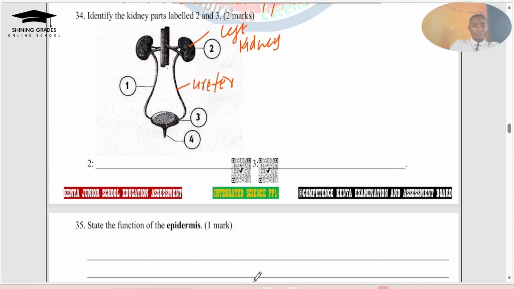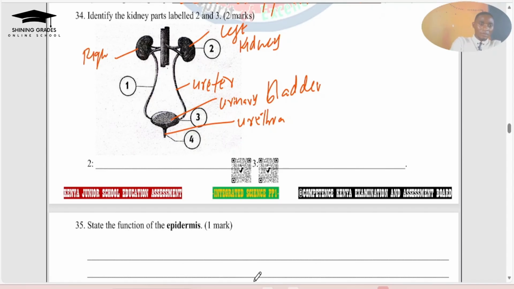We have what we call the urinary bladder, and we have the urethra, and we have the right kidney. And we have the blood vessels. These are the blood vessels that supply blood and take blood away from the kidneys.